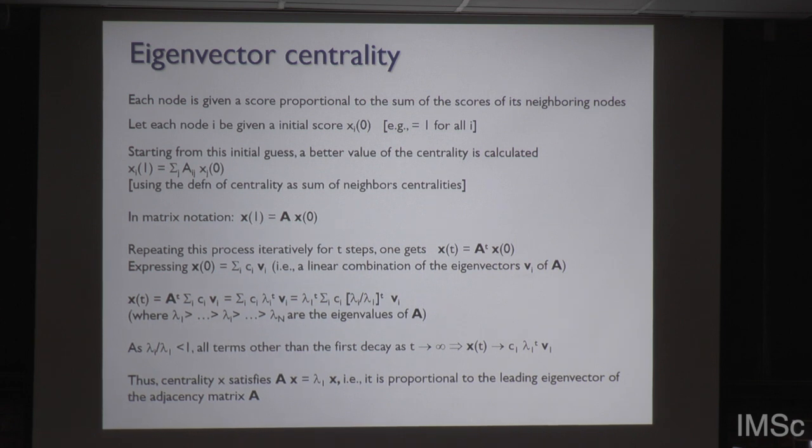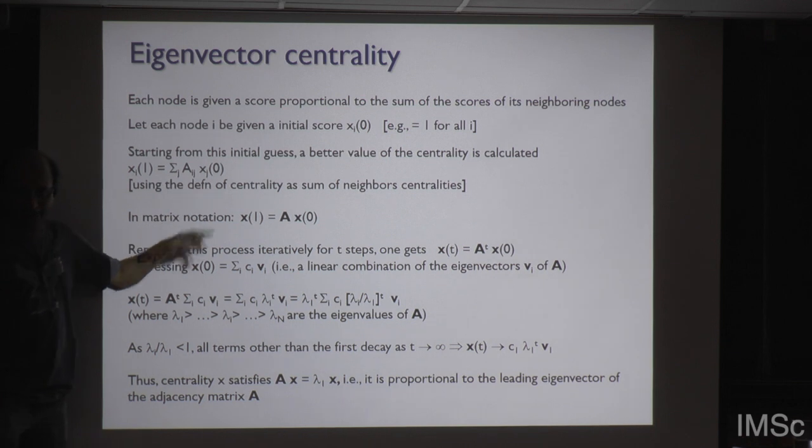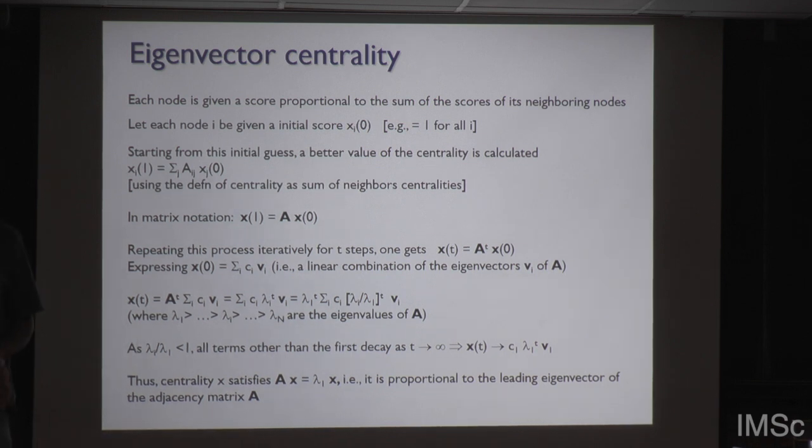So beyond the first step, I'm now looking at the connections of my neighbors. If I'm connected to lots of high degree nodes, I tend to increase my importance, as opposed to if I'm connected to extremely low degree nodes. So it's not just my own degree, it's also the degree of my neighbors which contributes to this.